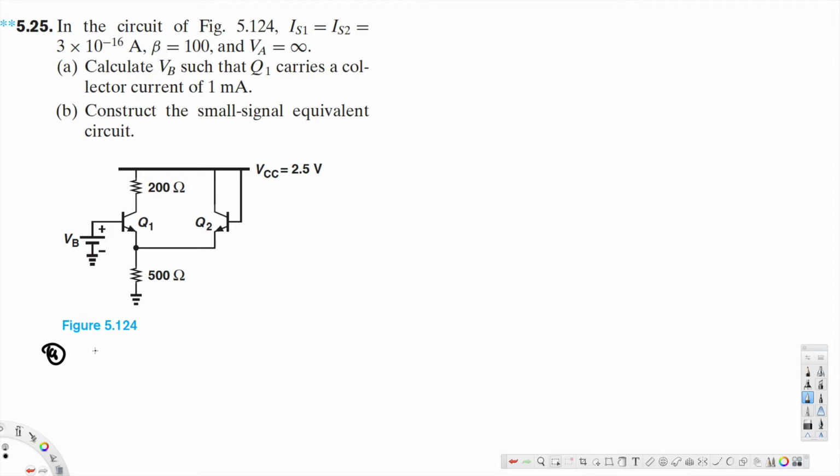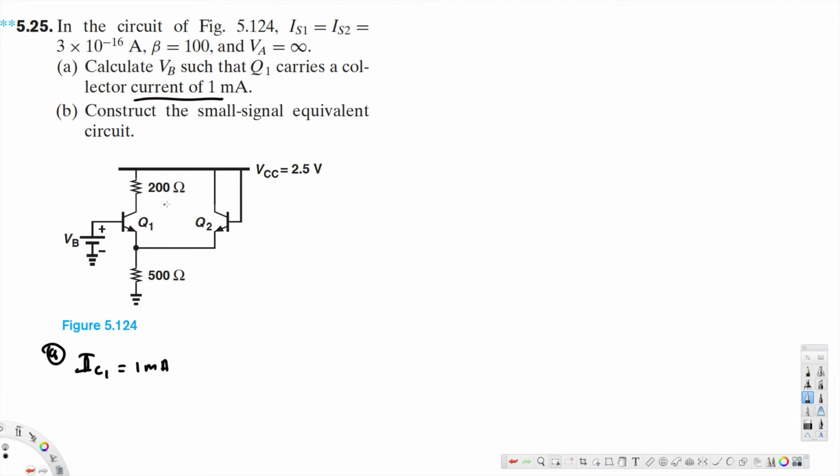The A part is asking us to calculate VB. First, we have been given the information about IS1 and IS2, and the collector current is also given, that's 1 milliampere. Let's put that here: IC1 is equal to 1 milliampere.